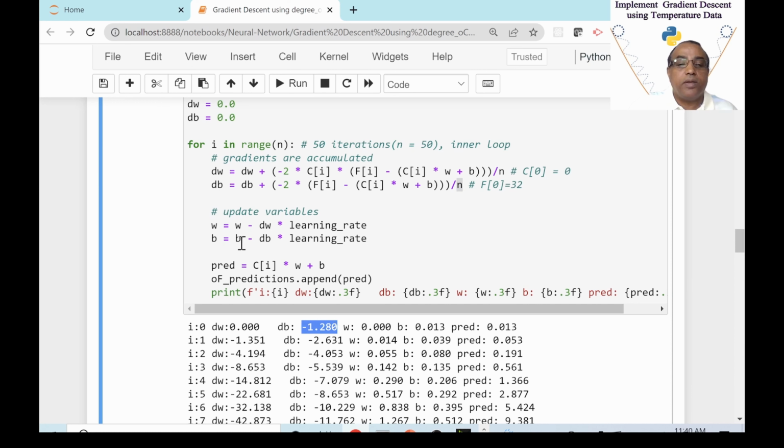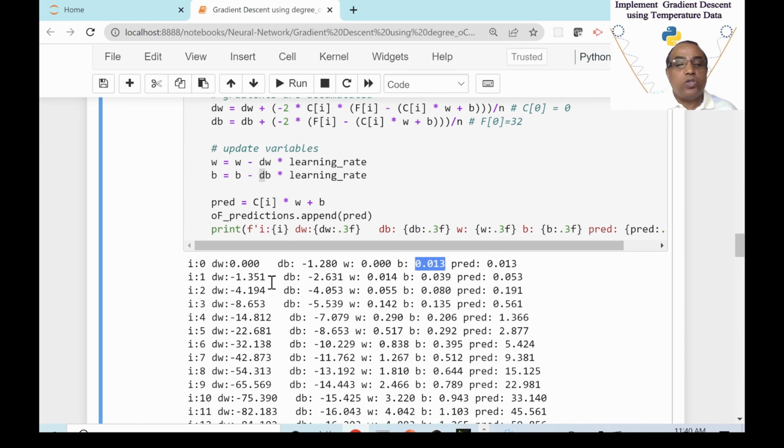Okay, then what about B? B equals the old value of B, which was 0. We initialized it to 0. This part is this one times 0.01. It becomes 0.0128 because it is minus minus, it becomes plus. That's why we have this value.